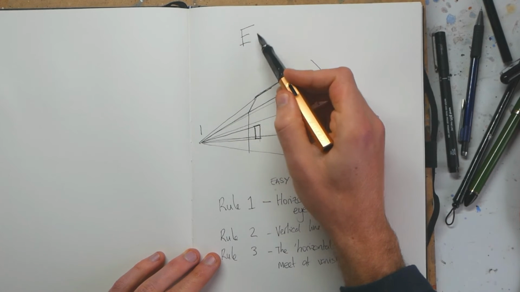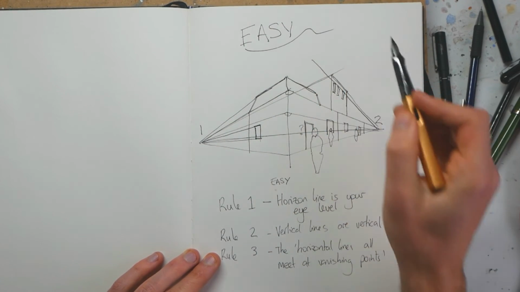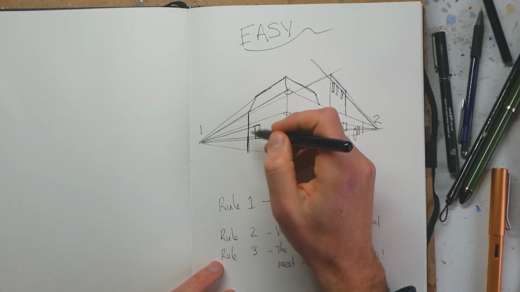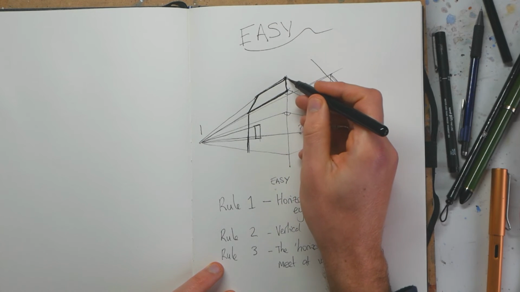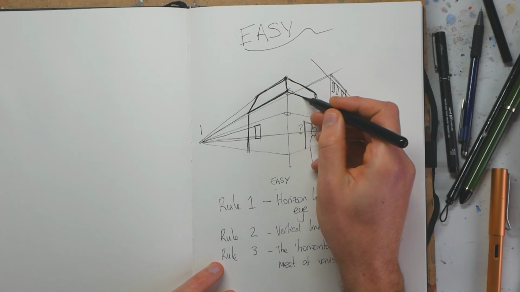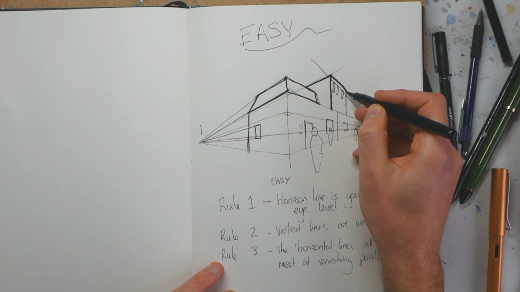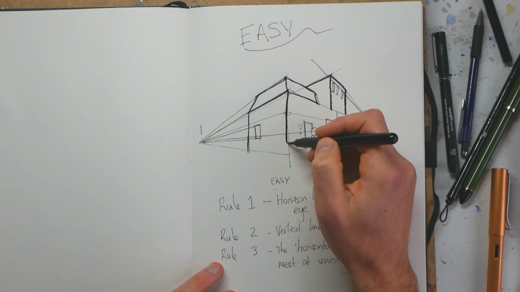So hopefully you'll agree that this kind of thinking is rather easy, and from building out this kind of constructed image, from understanding the verticals are straight, the horizontals are sloped and all sloping in the same direction, you can then build out a lovely sketch.